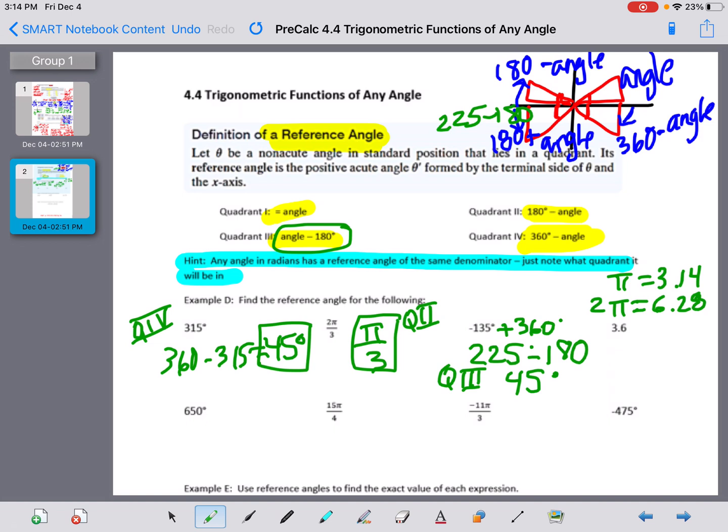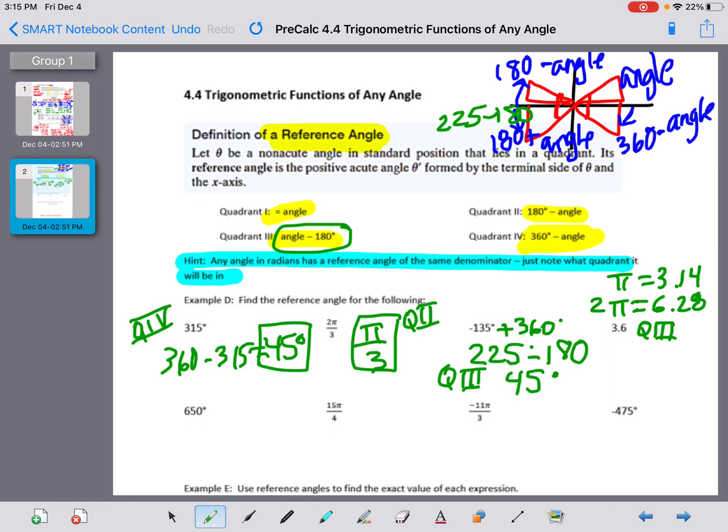So if I'm at 3.6, I am in quadrant what? I need to figure out what 3 pi over 2 is, right? So 3 pi divided by 2 is 4.7. So it looks like I'm definitely in quadrant 3, right? So make sure we know what quadrant we're in. So we're in quadrant 3.